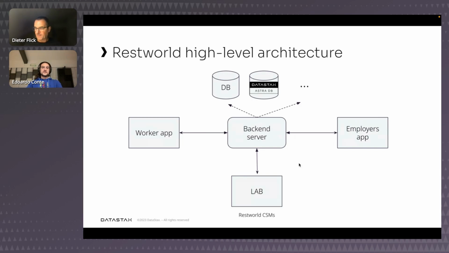So let's say that we have an infrastructure as base, which is the application shared by all these users. And then what we are trying to do right now with vectors and with this new AI technology is to give some tools to the CSMs to explore the database of the workers.